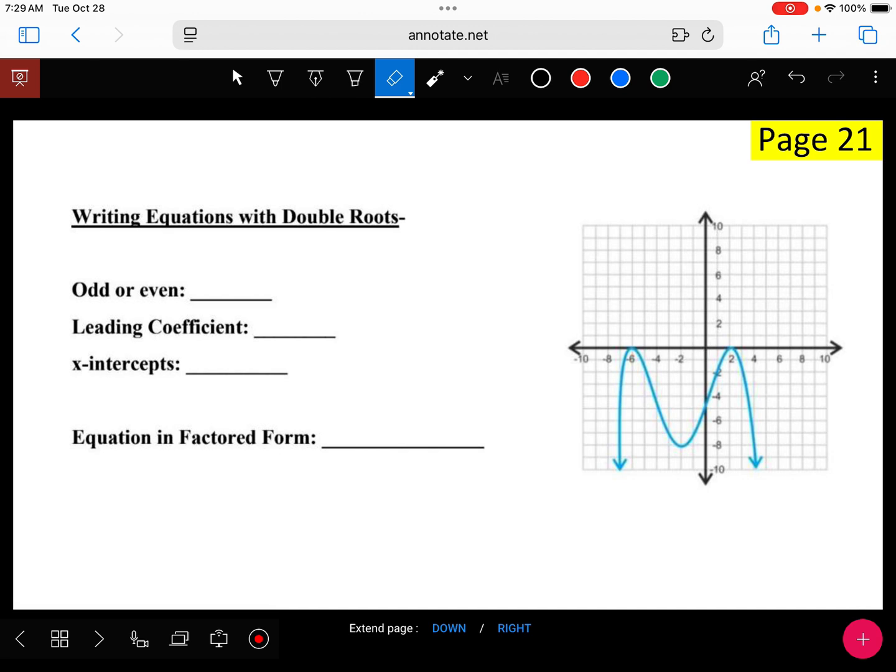Take a minute. Fill in all that you know. Only 2 intercepts, so you should only have 2 factors.